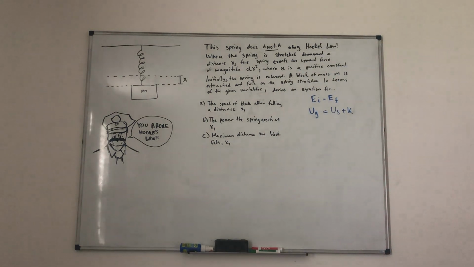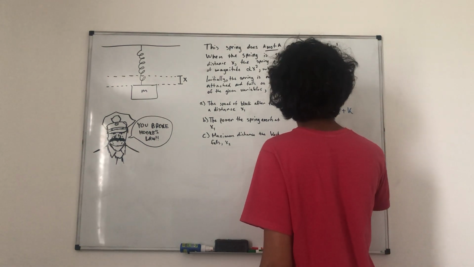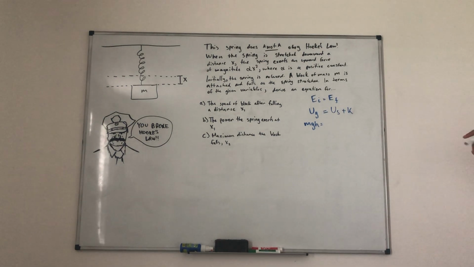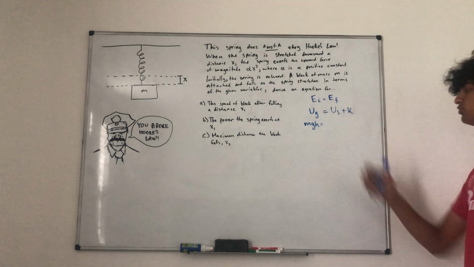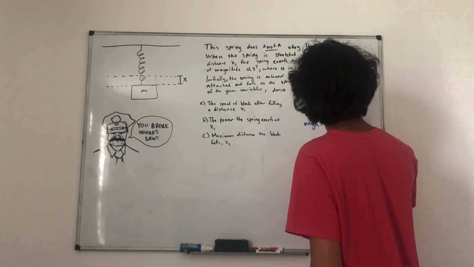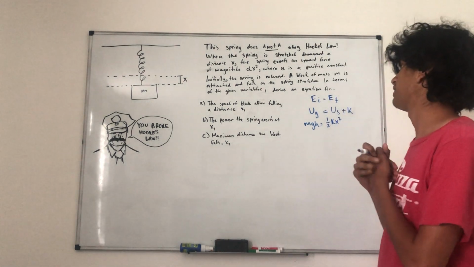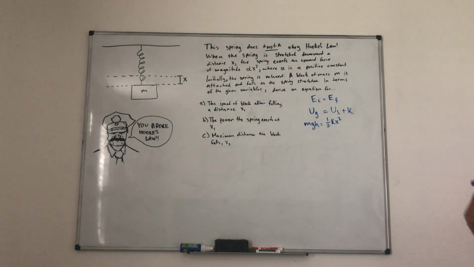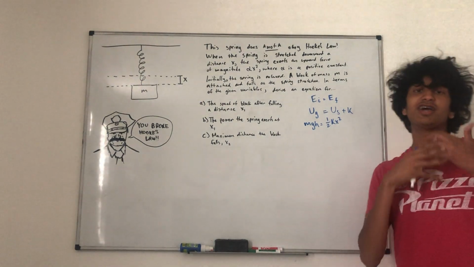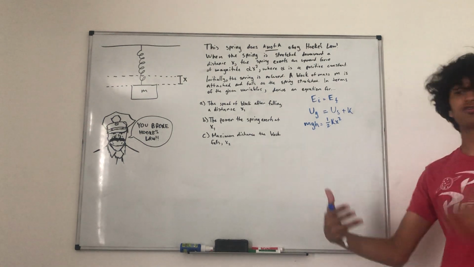Now we can just plug in everything we know. We have mgh equals, and you might be tempted to just put in 1/2 kx squared. The reason we can't do that is because of how that potential energy comes about.